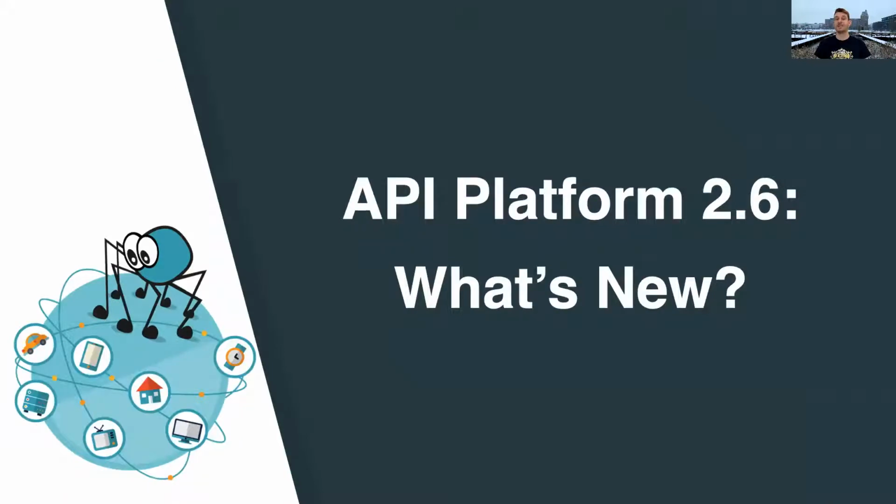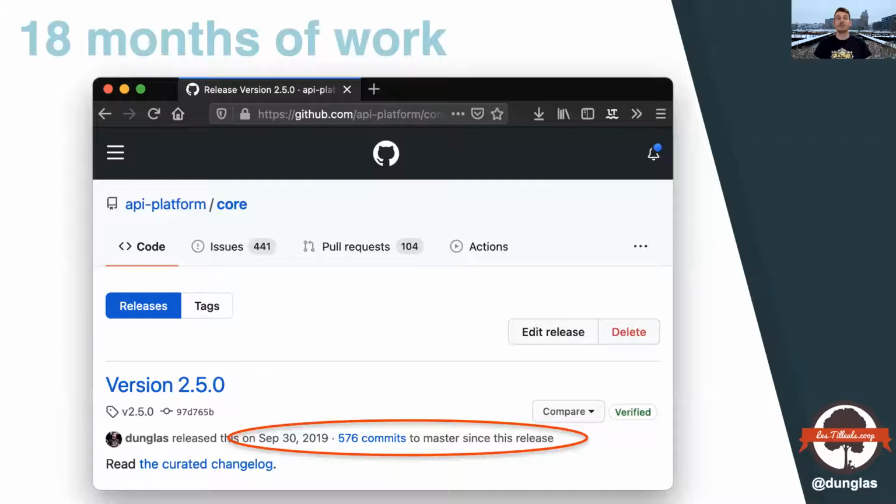What's new in this new version of API Platform? So a lot of work has been done by the community on API Platform 2.6. The previous version, API Platform 2.5, has been released in 2019. And so API Platform 2.6 is more than 1 year of work. And only on the PHP library, there are more than 500 commits that have been contributed by the community.